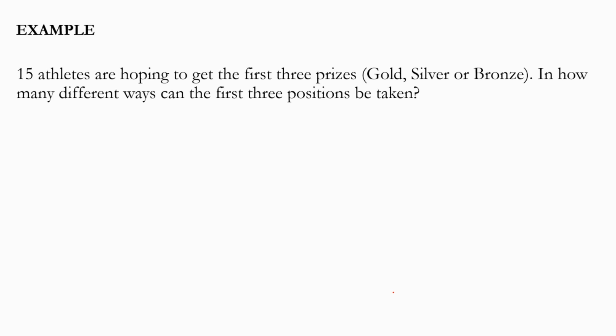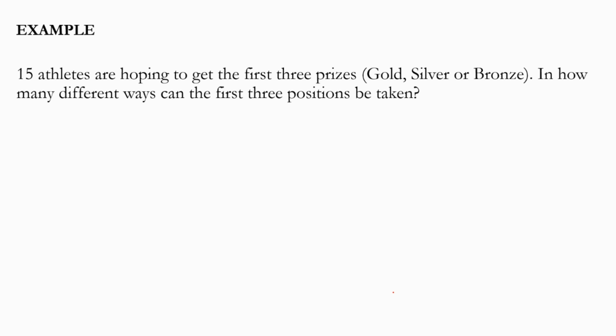Let's just do an example. 15 athletes are hoping to get the first 3 prizes. 15 choices, right? Which is gold, silver, bronze, which is 3 positions or 3 spaces. In how many different ways can the first 3 positions be taken? You see that? What is our N here? It is 15. What is our R here? It is 3. So how many different ways can the first 3 positions be taken?